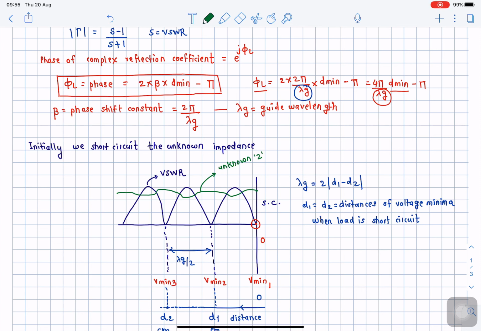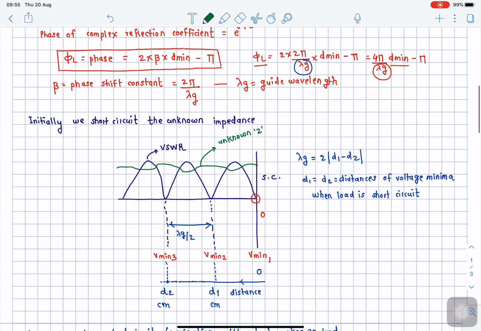So again we start from the right hand side with distance 0, and here we find that this is the voltage minima position, V min 1, when the short circuit is replaced with the unknown load.